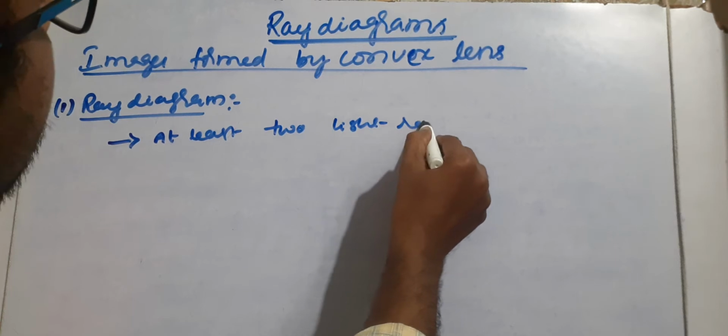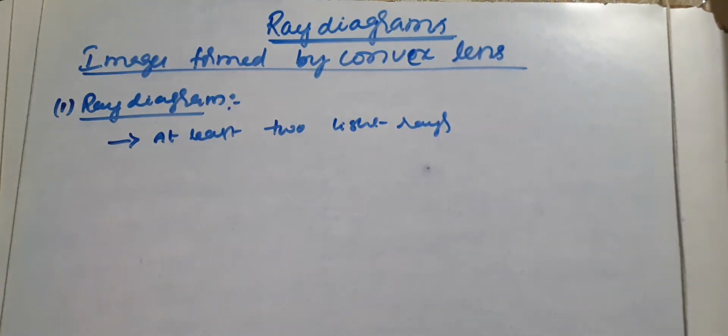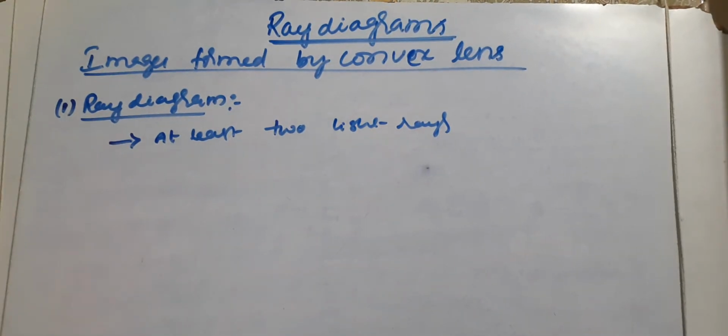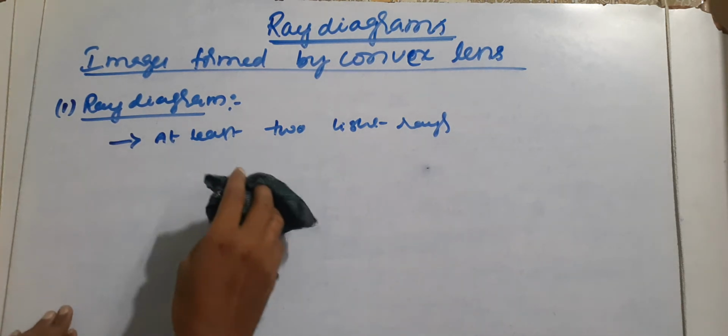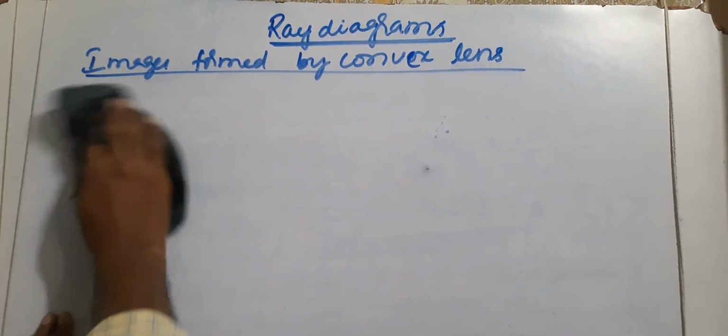The diagram drawn to show the position of the image formed by a convex lens or concave lens is called a ray diagram. So that is two incident rays, and after passing through the lens, the incident rays become refracted rays.